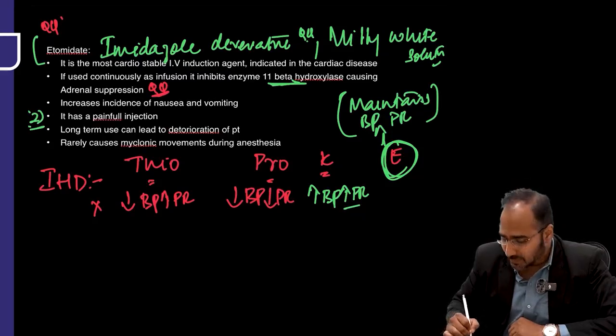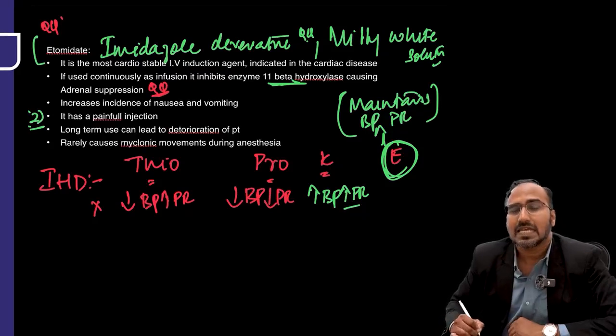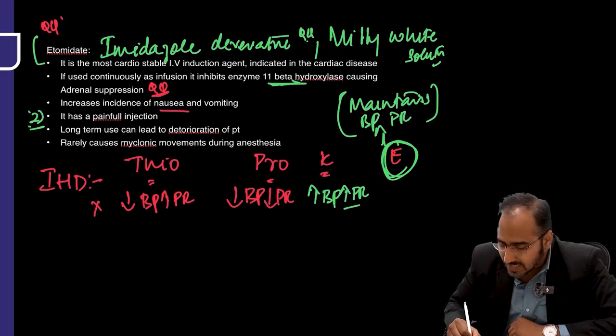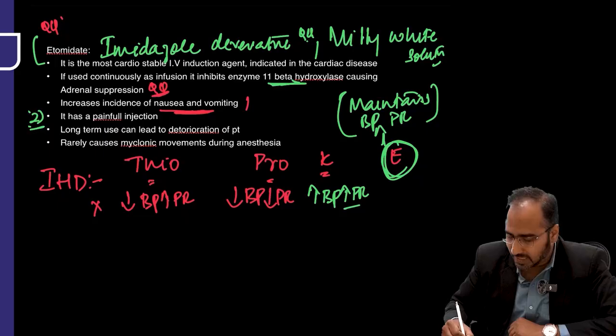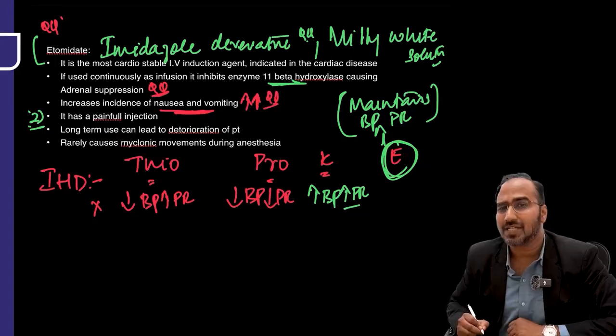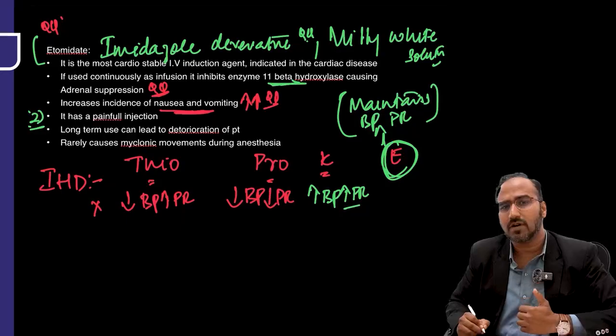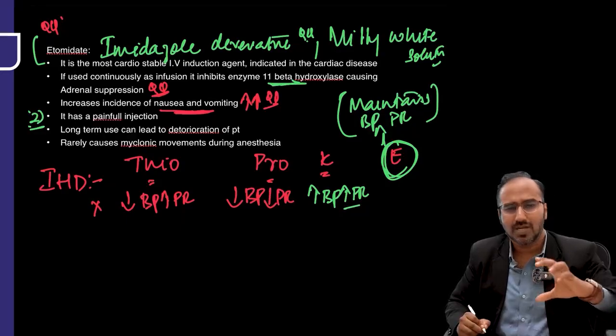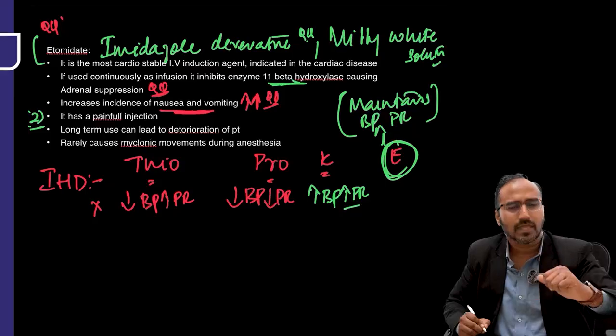The last point of etomidate that we need to remember is that etomidate is the only IV induction agent that causes nausea and vomiting. Come on, guys. Which was the IV induction agent that was preventing nausea and vomiting? Propofol, antiemetic. So, just a summary of etomidate, guys.